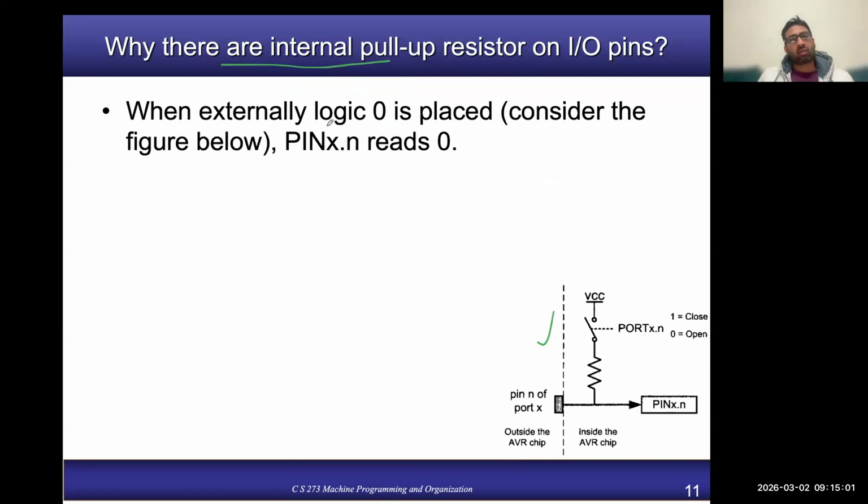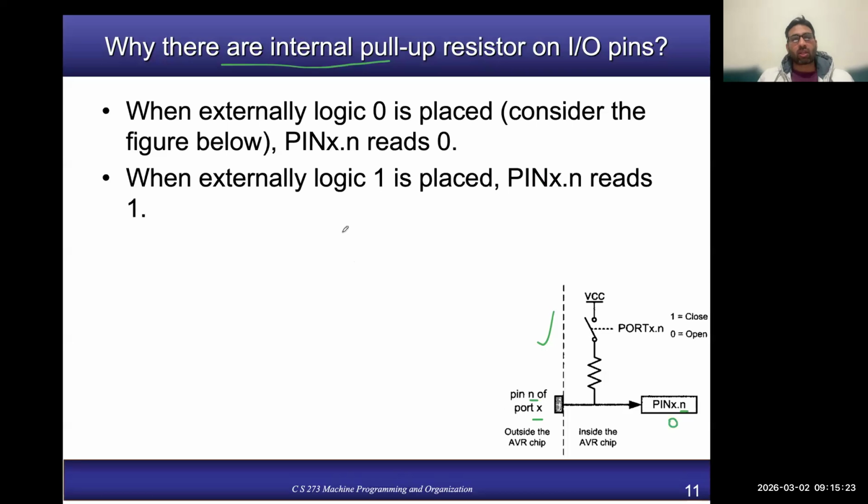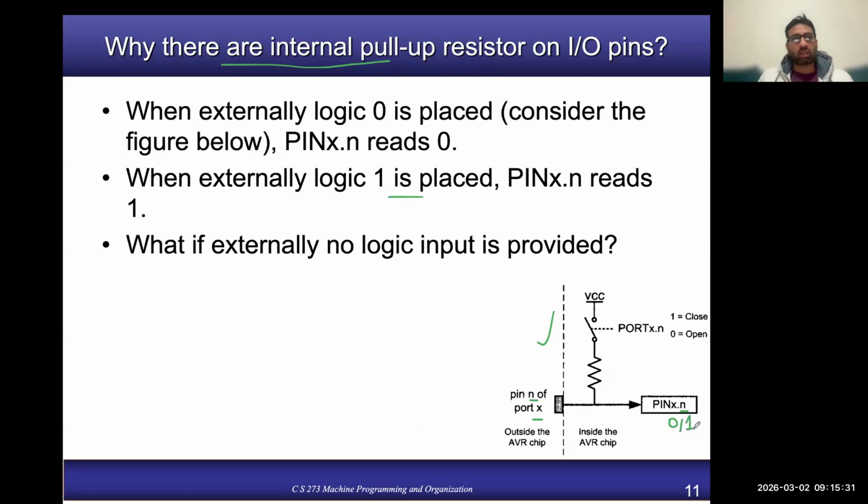When logic 0 is placed externally on, let's say, pin N of port X, bit N of the pin register will have a value of 0, because 0 is placed on the input. When logic 1 is placed externally, then 1 will be placed in the nth bit of the pin register.